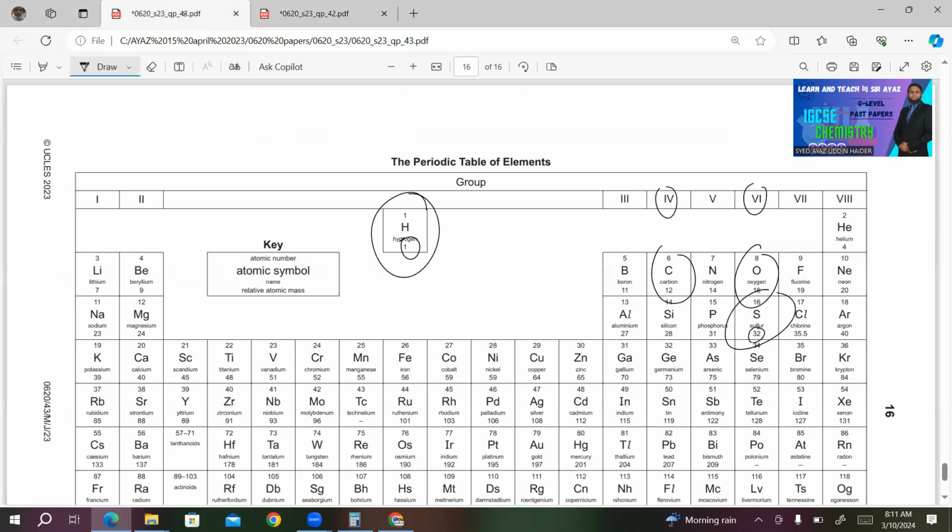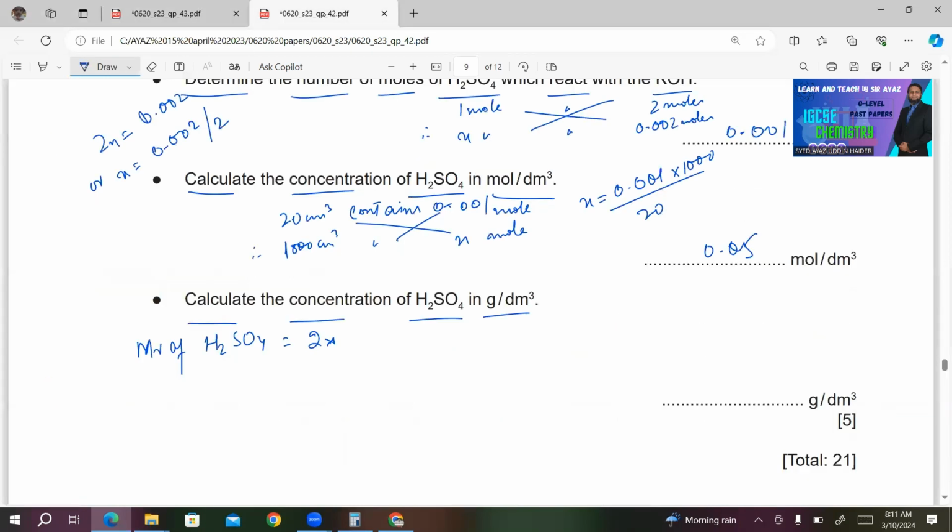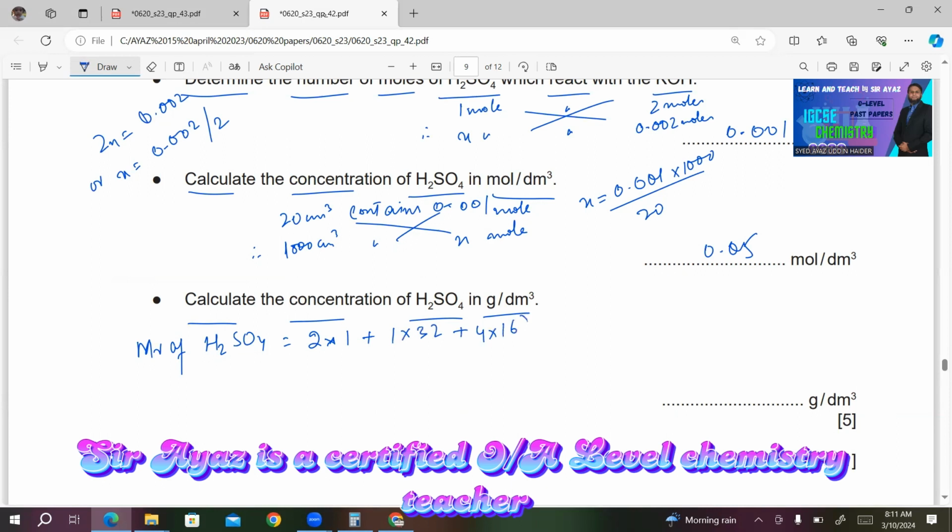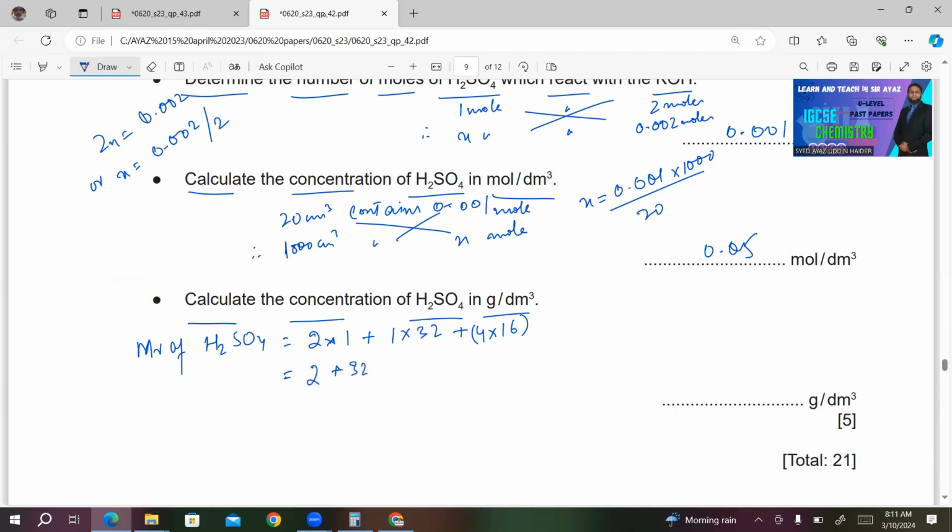The mass number is 32. Oxygen mass number is 16. So 2 multiplied by 1 plus 1 multiplied by 32 plus 4 multiplied by 16. So we'll get 2 plus 32 plus 64.